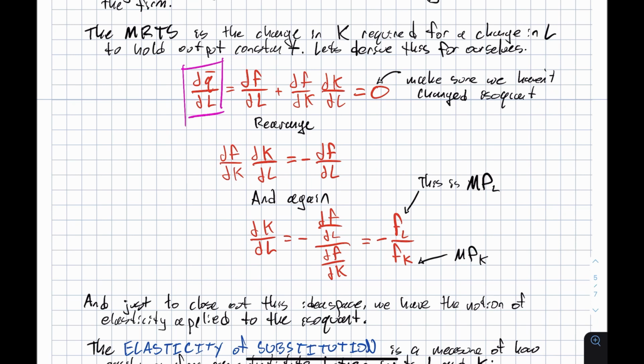And when we do that, because there are two inputs in our production function, we first have to take the derivative of the production function with respect to the first, and then with respect to the second.